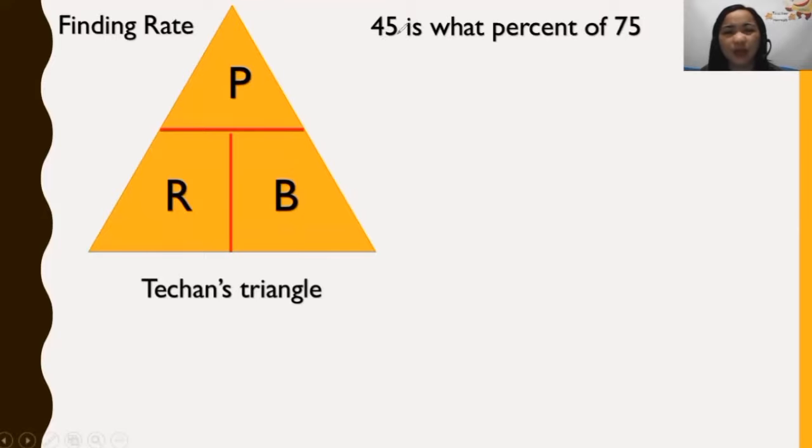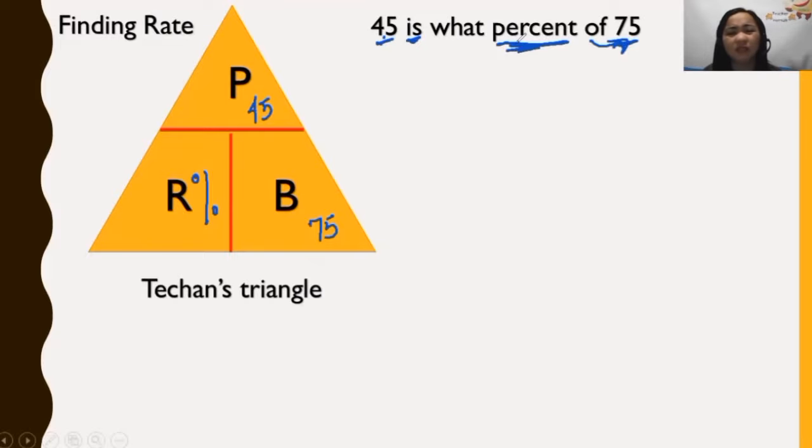Parang pag tinagalog, ang 45 daw ay anong part ng 75? Diba? So here the word clue is, therefore percentage is our 45, and we have of 75. 75 is our base here. So we are looking for the rate or percent. Ang hinahanap natin ay percent.